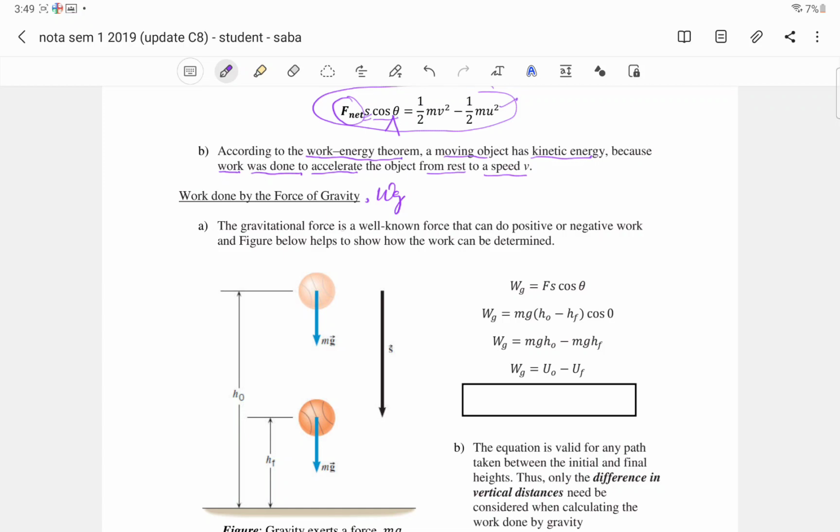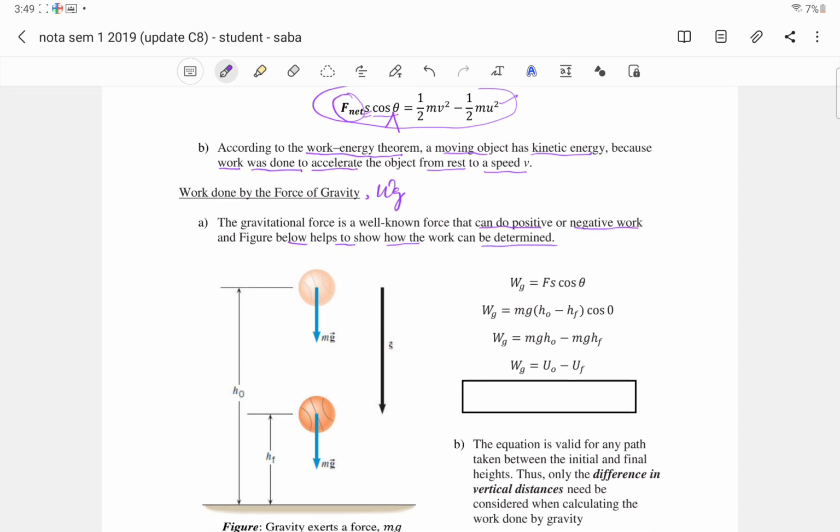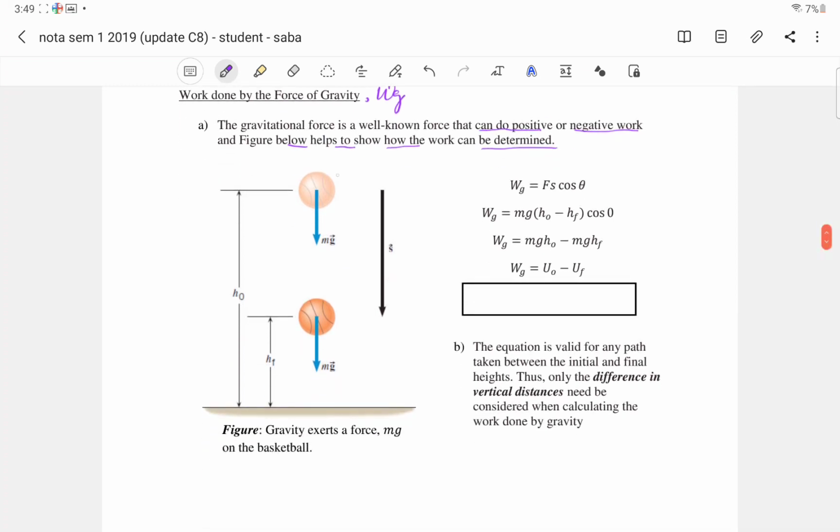The gravitational force is a well-known force that can do positive or negative work. This figure below helps to show how the work can be determined. The object is falling downward. The figure shows gravity exerts force on the basketball. So the object is falling downward.